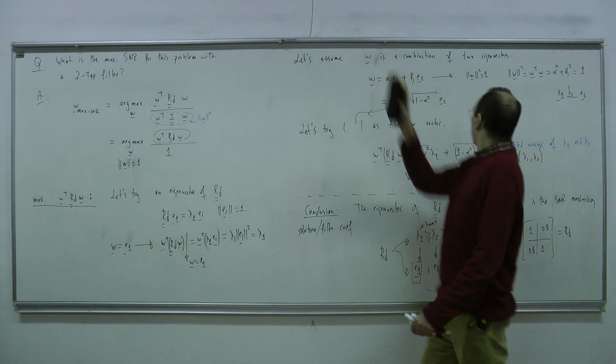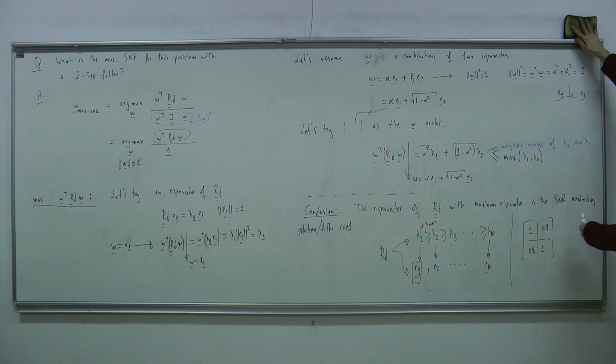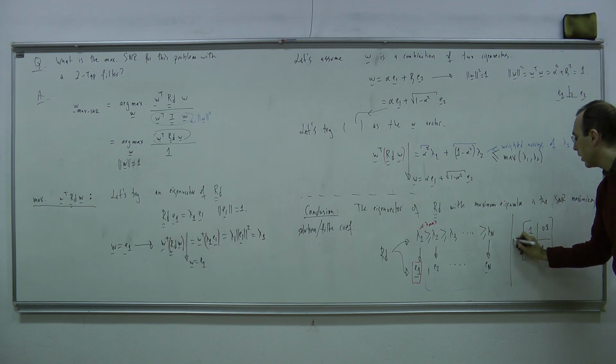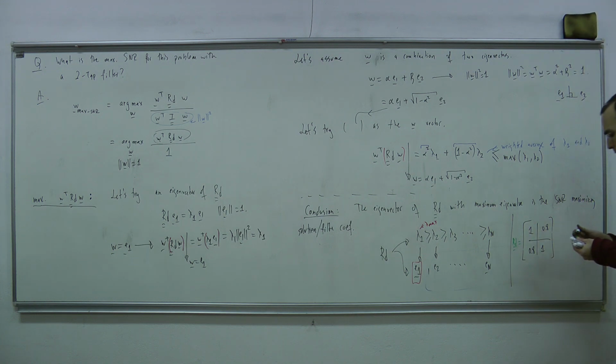Maybe I should erase this because I want to write it over here. Let me write RD over here. So here is the first eigenvector, 1, 1. And this has lambda 1, 1.8.